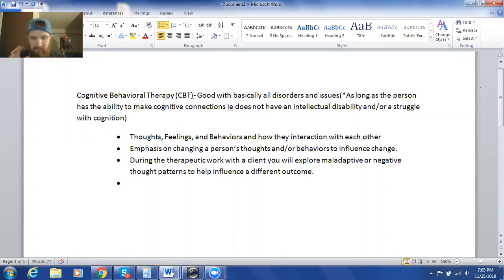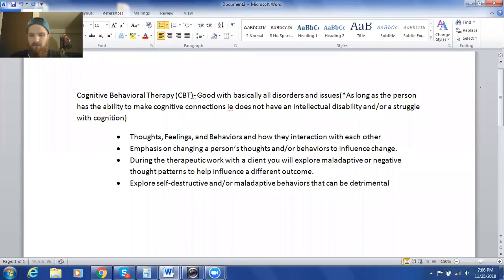So yes. So now that is affecting the negative thought patterns. So we're also going to explore self-destructive and or maladaptive behaviors that can be detrimental to someone's life.